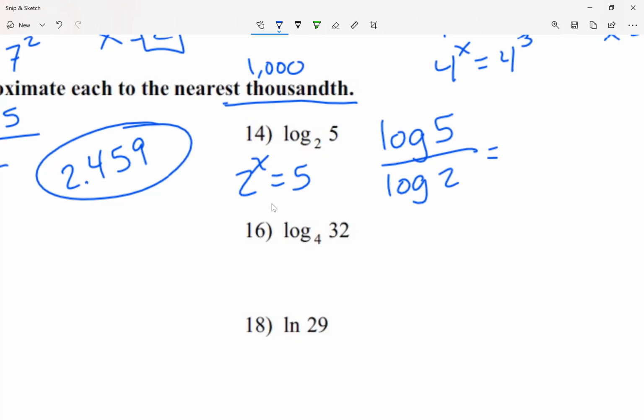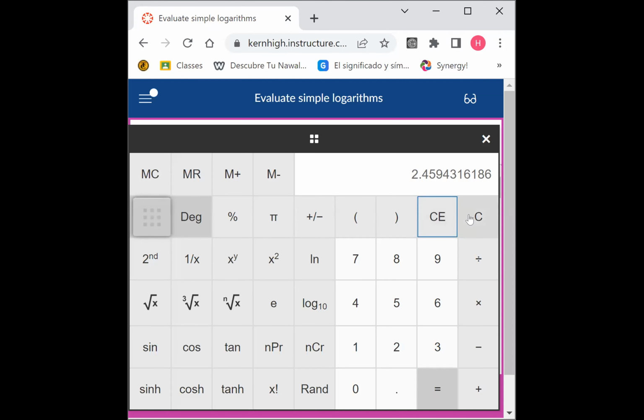But I'm going to do log of 5 divided by log of 2. Let me clear this out. Press log of 5, close parentheses, divided by log of 2, close parentheses. Press enter.